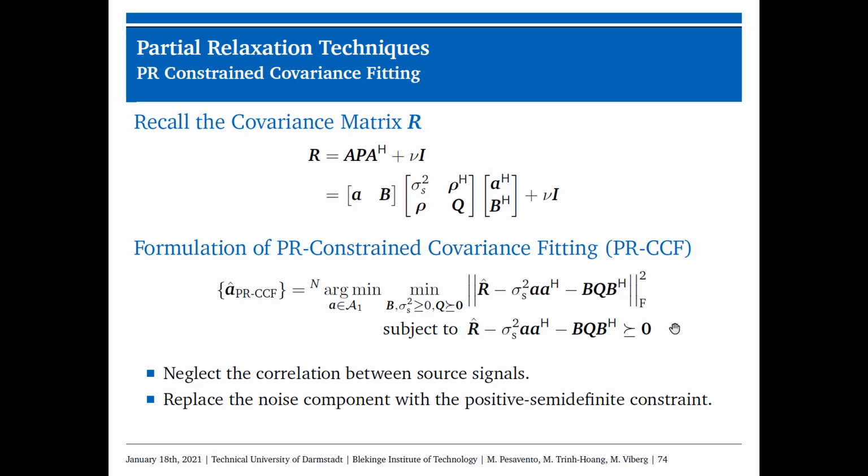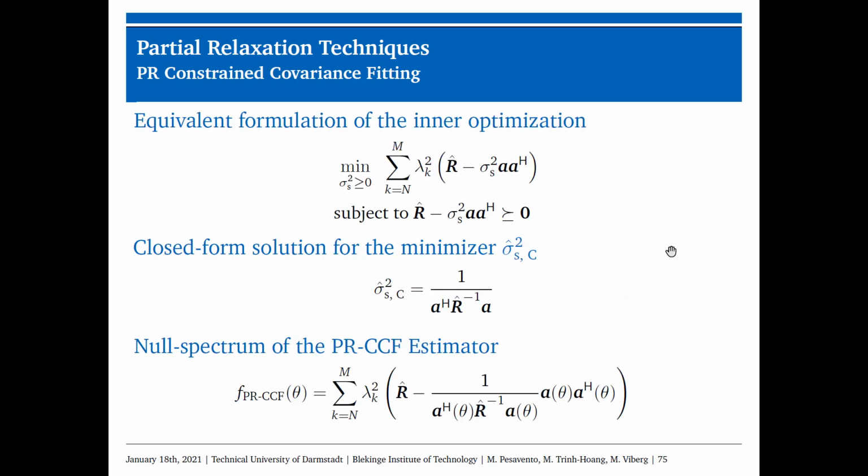When we concentrate this cost function with respect to B and Q, we recognize again the best rank approximation problem. As a result, the null spectrum of the PRCCF estimator is the solution of this optimization problem, where we minimize the sum of the eigenvalues square of some matrix argument, depending on the candidate direction A.